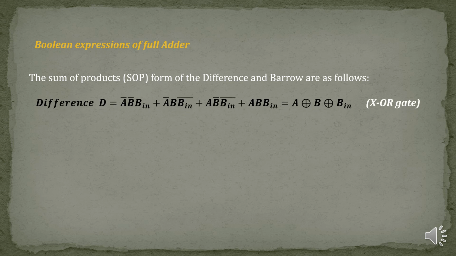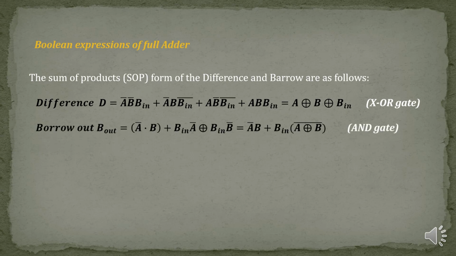Difference output D we get as A bar B in plus A bar B bar in plus A B bar B in bar plus A B in, that is equal to A ex-or B ex-or B in. This is the output of the exclusive OR gate.